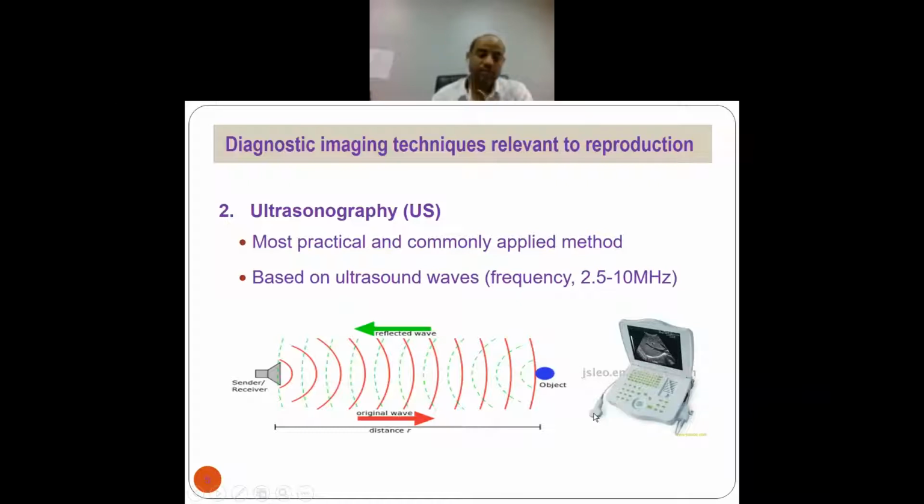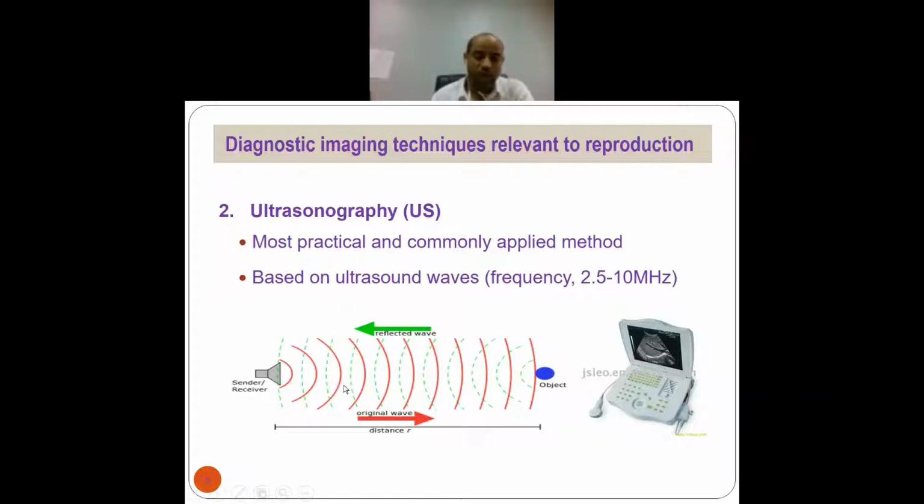This ultrasound probe is in charge of producing the ultrasound waves, and it is able to do so because there are piezoelectric crystals within the probe. Upon subjection to an electric pulse, these crystals tend to vibrate, and upon vibration they produce the sound waves.